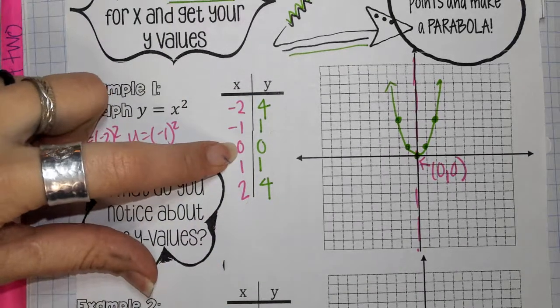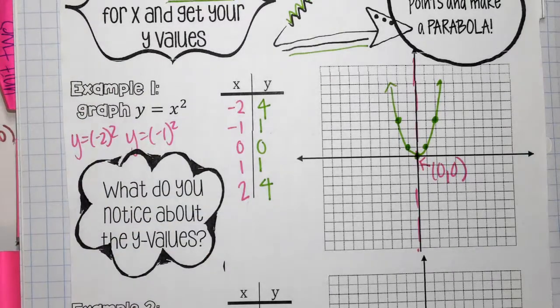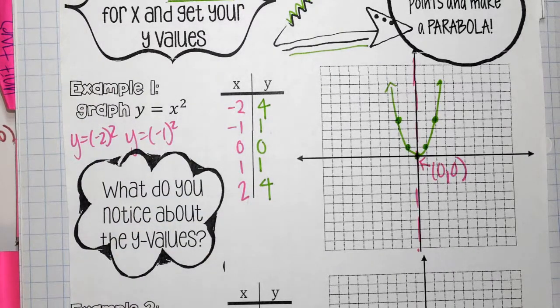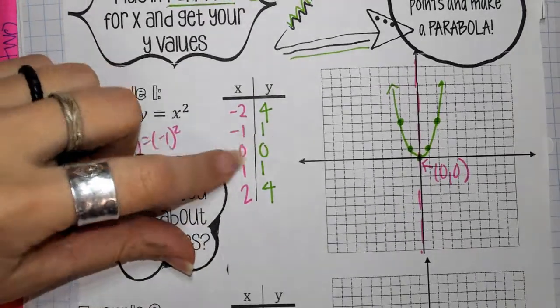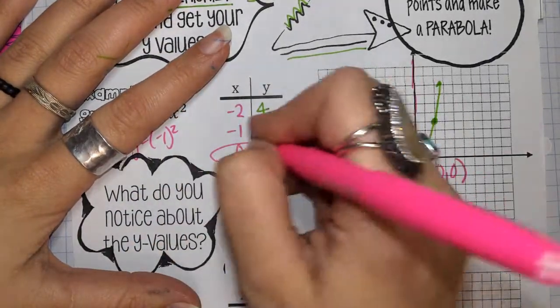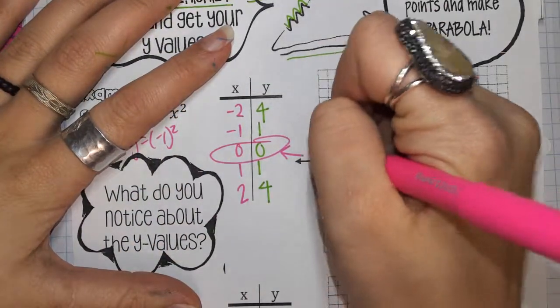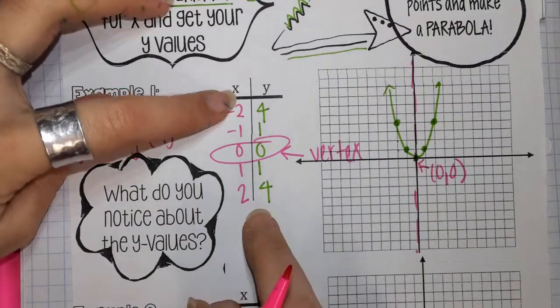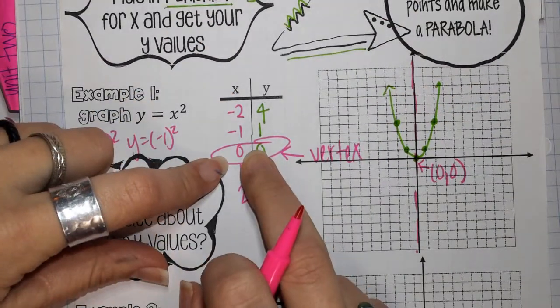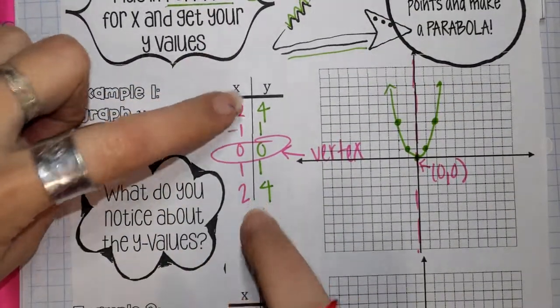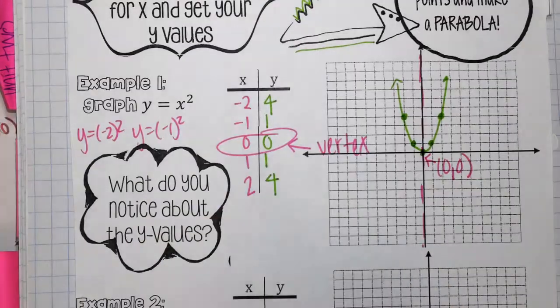But what do you notice about this point compared to all the other points? It doesn't repeat. So the vertex is the point that doesn't repeat. So when you're looking at your table, look for the point that doesn't repeat. And you want your numbers to repeat. That's the point of this.